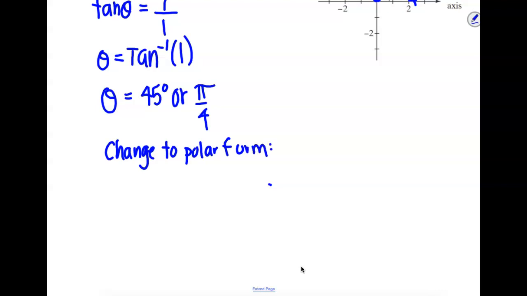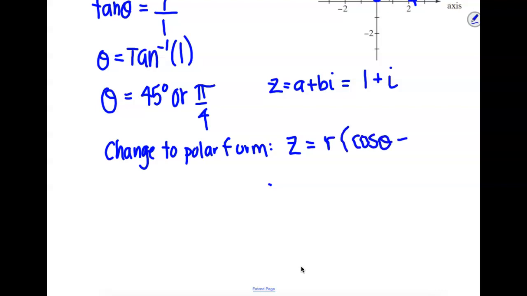So remember, in rectangular form, a plus bi was 1 plus i. To change to polar form, you're going to use the formula r times the quantity cosine of the angle plus i sine of the angle. So let's substitute in.